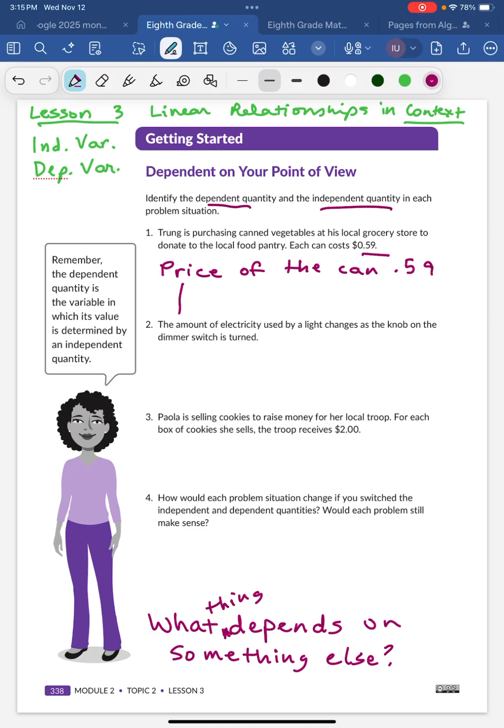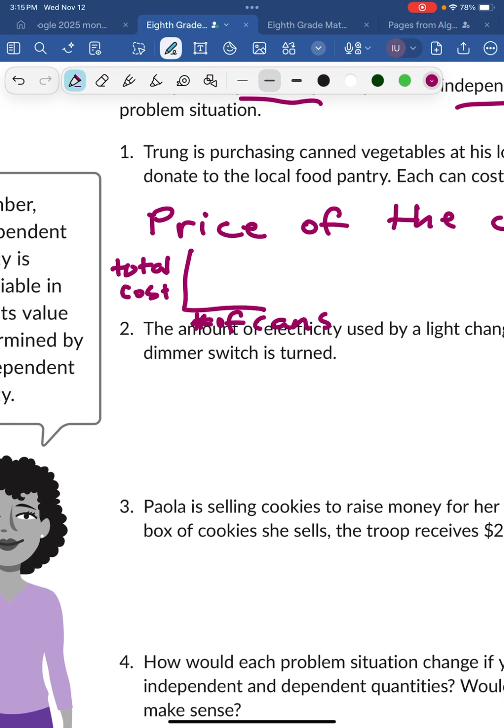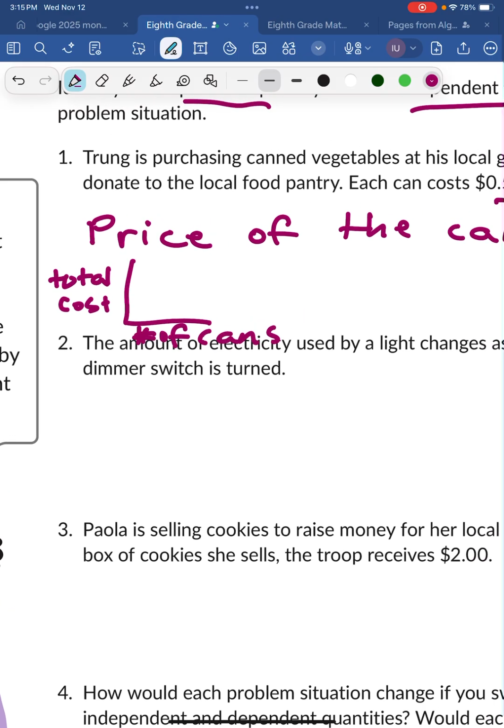But if we were going to graph it, we would put total cost over here and the number of cans we buy right there. So the independent variable is always on the x-axis.